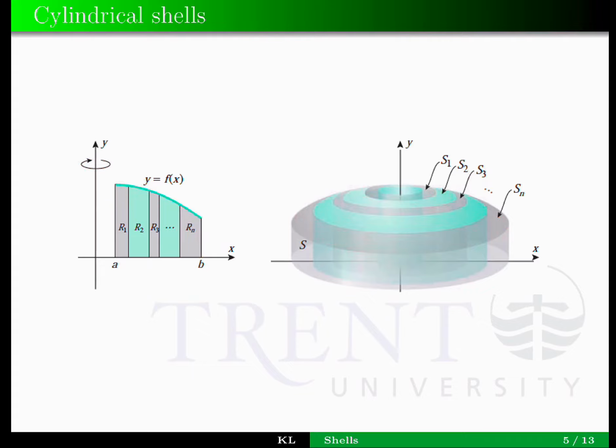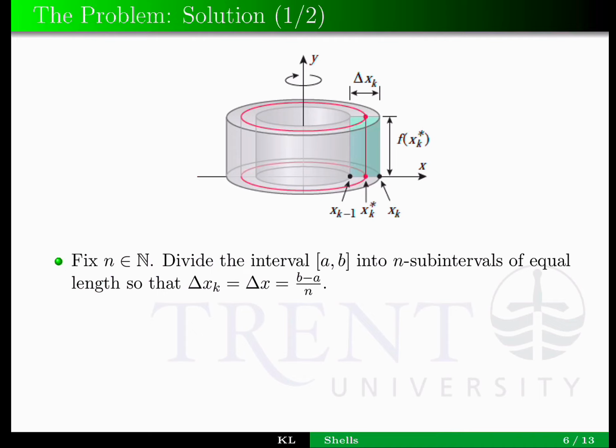So in order to find the volume of the solid, we need to find the volume of each cylindrical shell and then add them together. Okay? Now, let us complete the derivation.